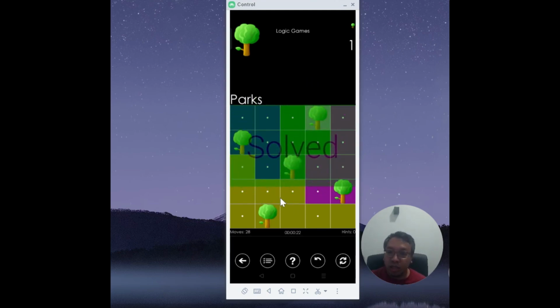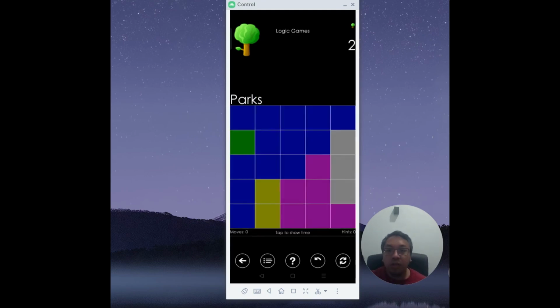Let's try the second level. Maybe it's harder. Similar to the first one, we can set that this is the tree for the green. There is no other tree on its row and column. Okay, what then?